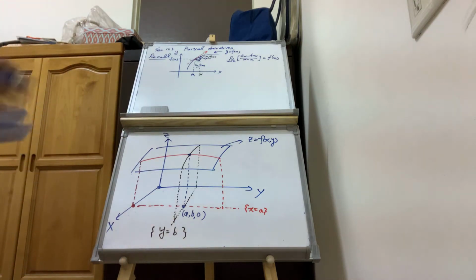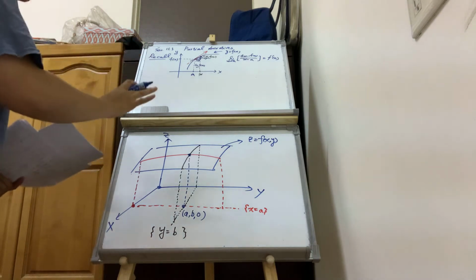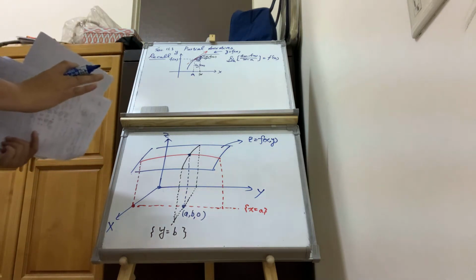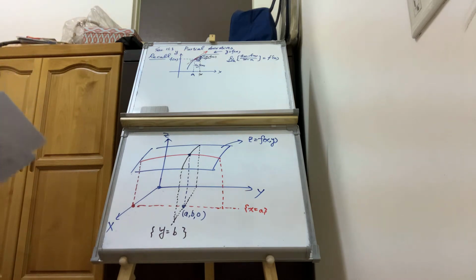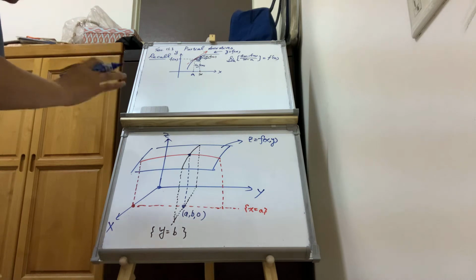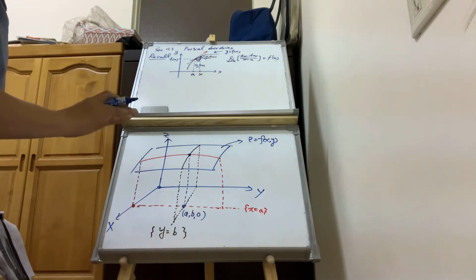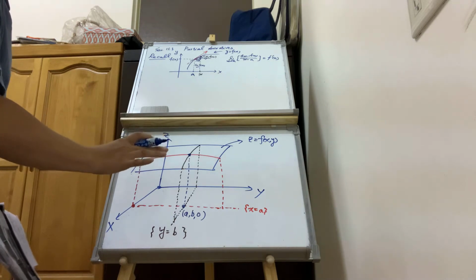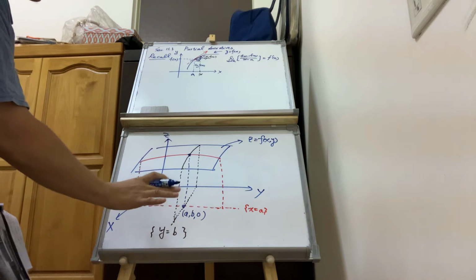I will tell you the definition of partial derivative, but there is one important thing I should remind you. It will be better to understand the structure, I mean, what it means in the graph.